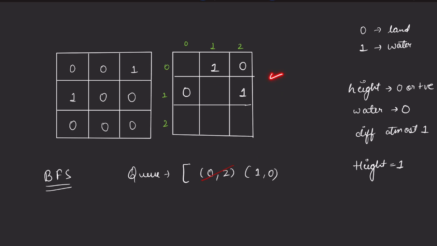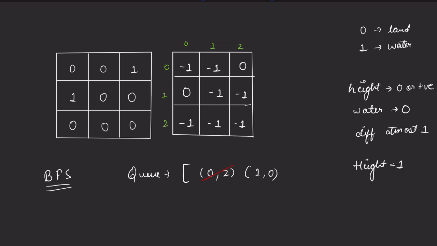Initially, you can keep all the values as -1, and wherever you have a water cell, there you can keep the value as 0. Here -1 denotes that this particular cell has not been visited yet, or we have not assigned any height to it.